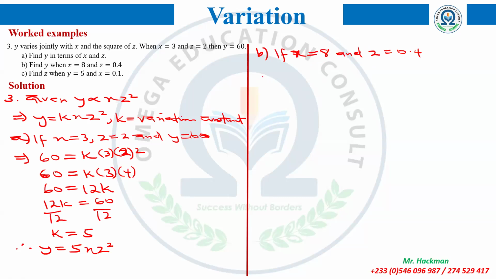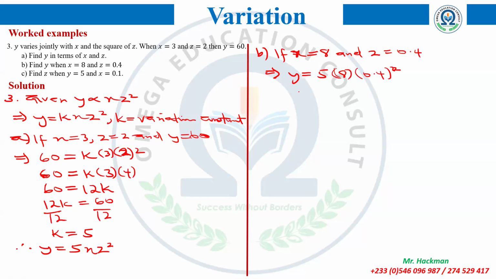So now this implies that we are going to substitute. We don't know y, we are predicting y. So y will be equal to 5 times our x, x is 8, so 8 in brackets, then times the z squared, and z is 0.4, squared. So here we are going to use our calculator.